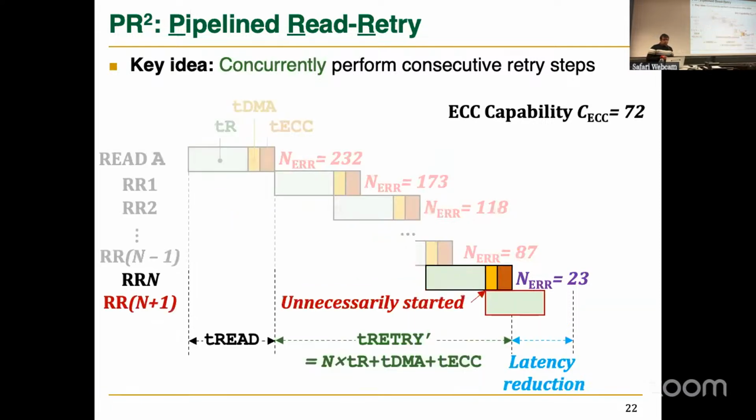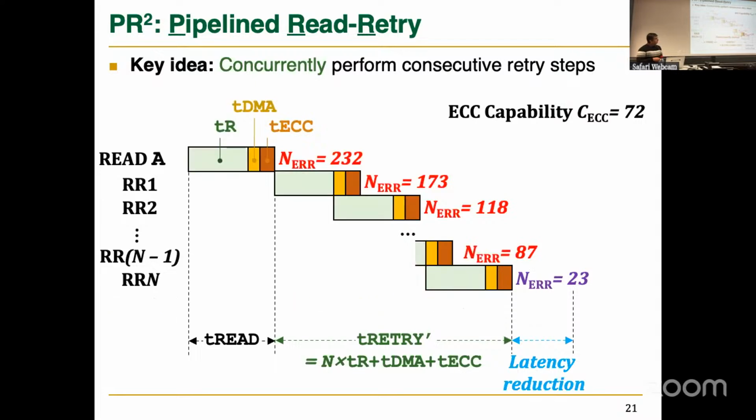Now there is a problem here, which is how do we know when to stop the next retry operation? Because it keeps going on. You perform the cache read again and again until the number of errors is less than the correction capability, but you only know that when the ECC decoding happens.